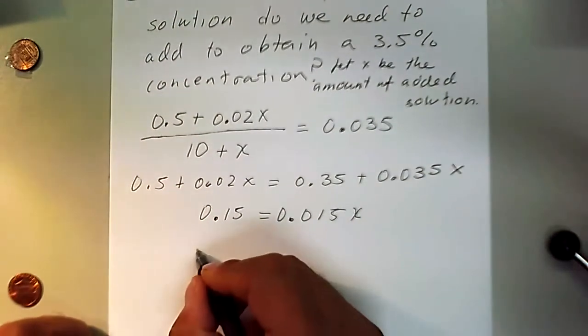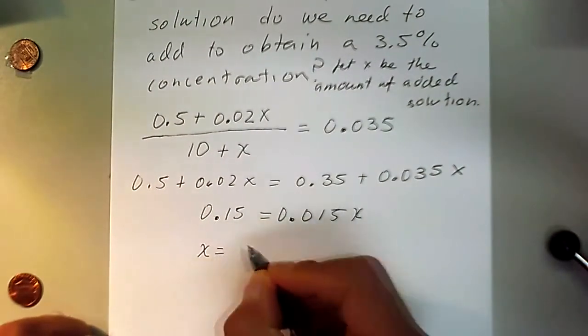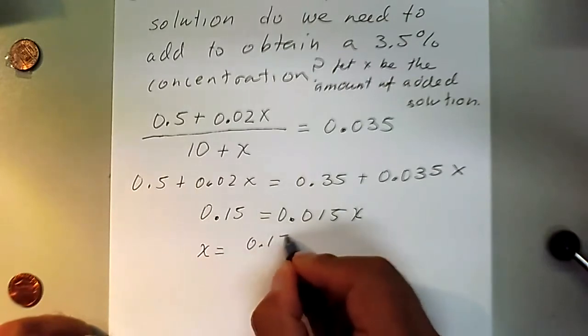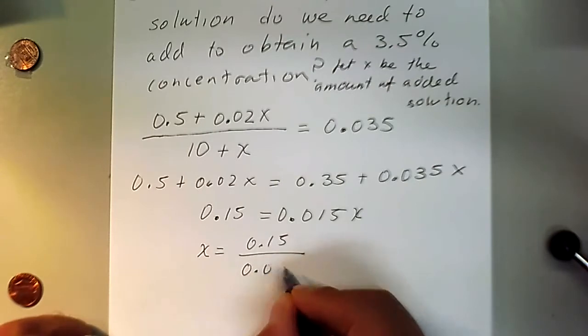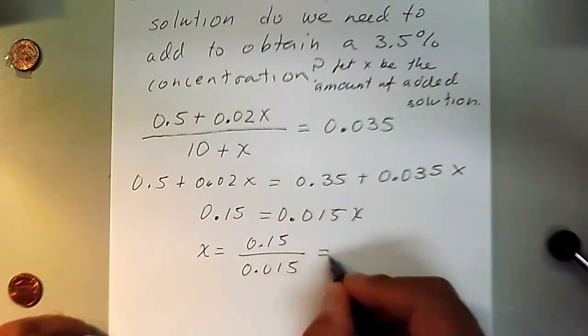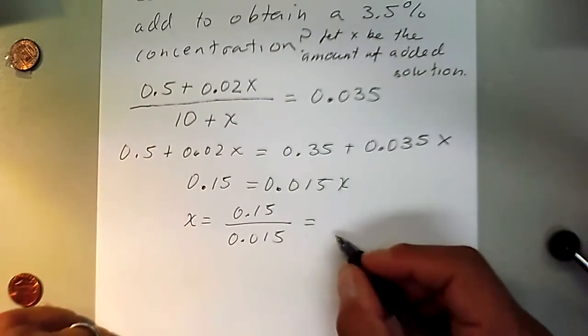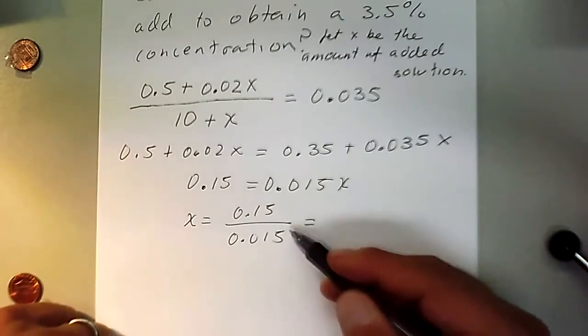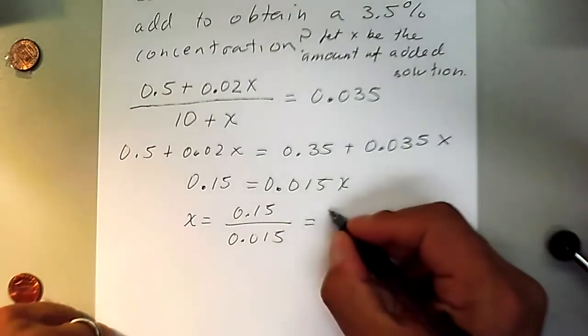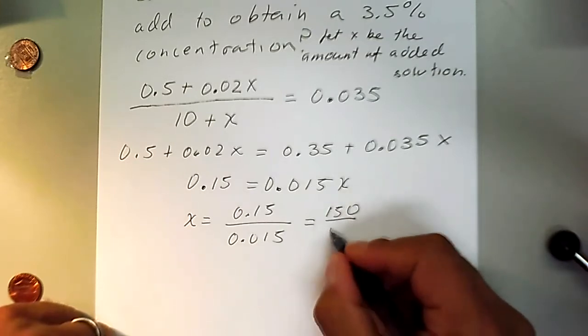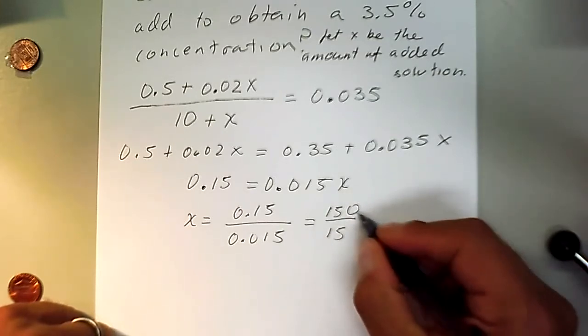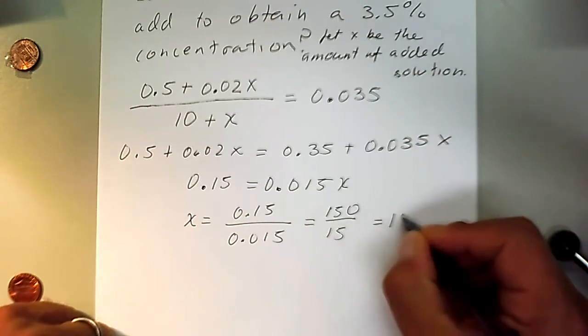So solving this equation for x, we have 0.15 over 0.015. And we can do the same thing we did in the previous problem, multiply by 1,000. So that is 150 over 15. And of course, that is going to give us 10.